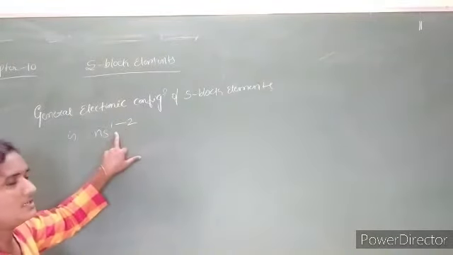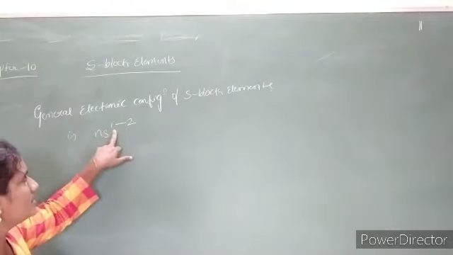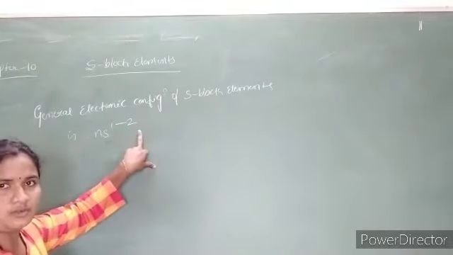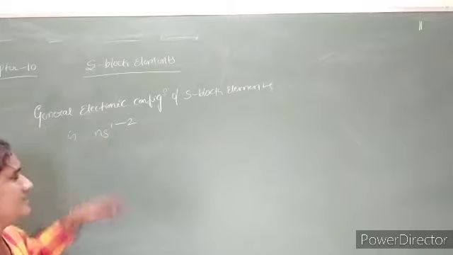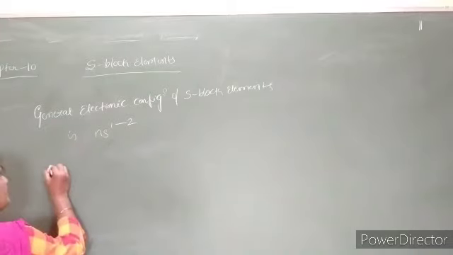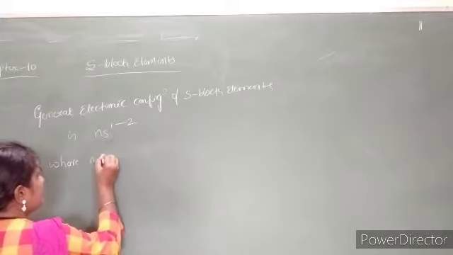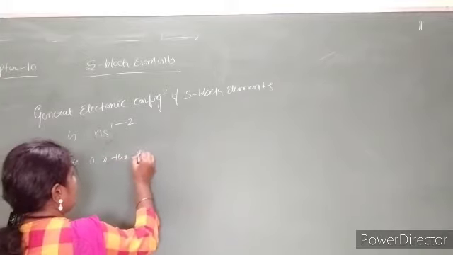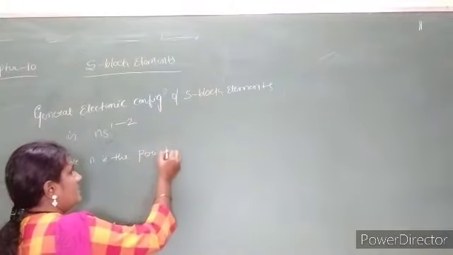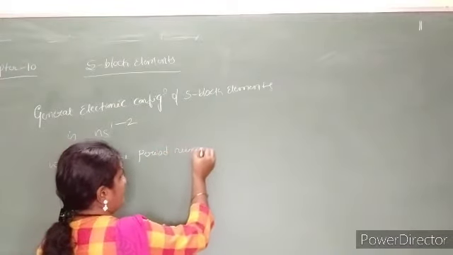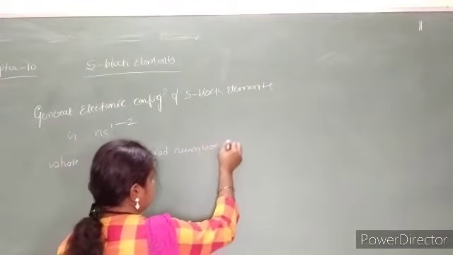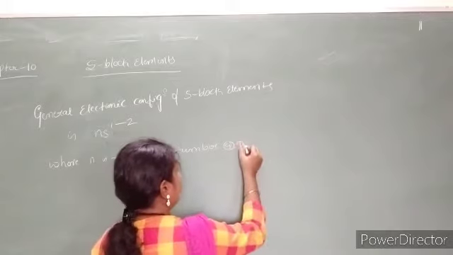So that is why it has 1 to 2 electron filling nature, where n is the period number or principal quantum number.